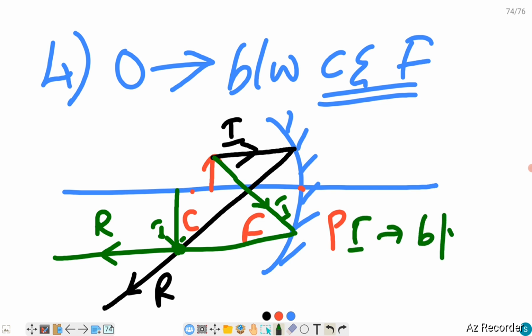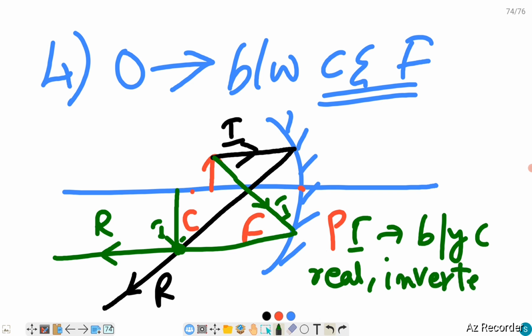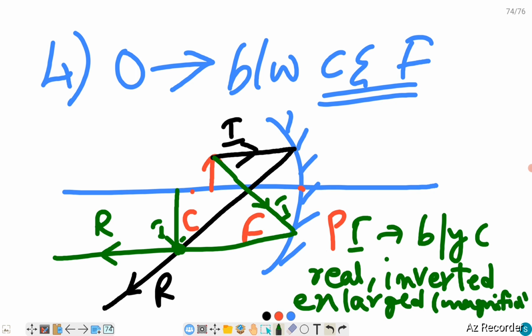Where is the image formed? Beyond C, correct? And then what is the nature of the image? Real and inverted. And the size is enlarged, that means bigger. Or this enlarged can be called magnified. Understood? Magnified is the term.